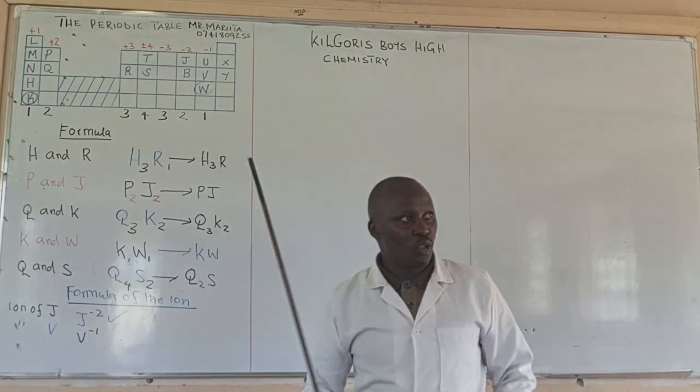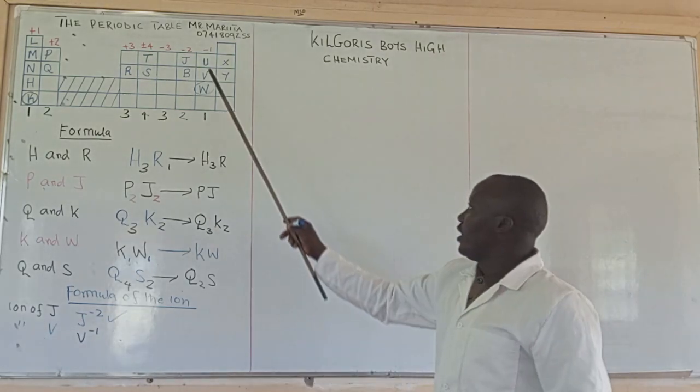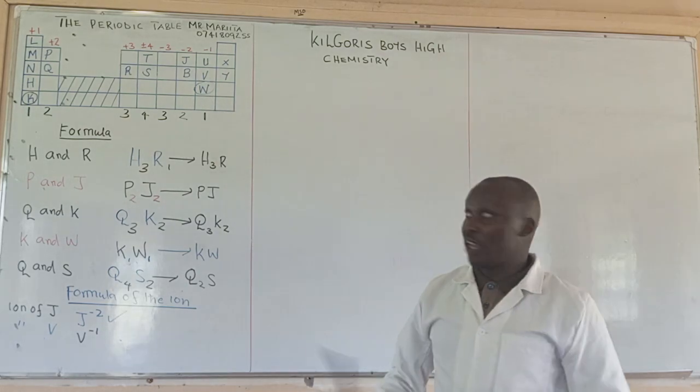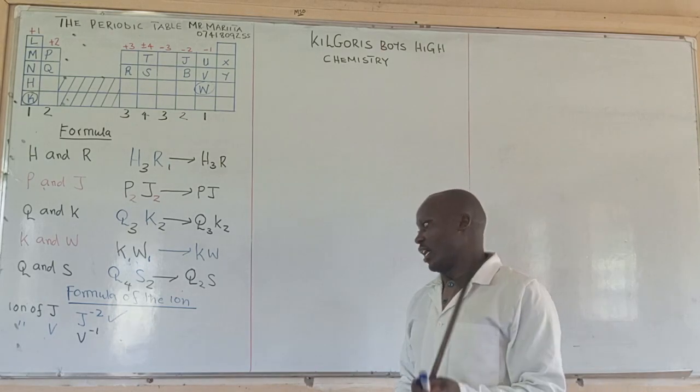Now we have those elements which form ions by gaining an electron. Remember this J forms an ion by gaining 2 electrons. V forms an ion by gaining 1 electron. And that is why normally they have a negative charge.